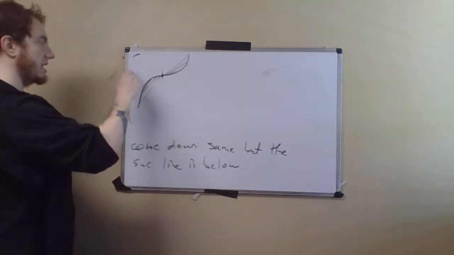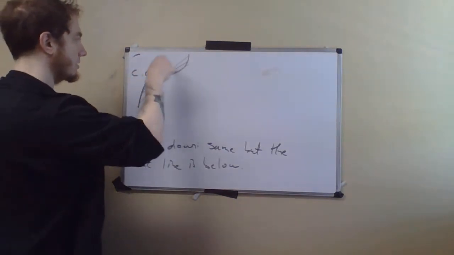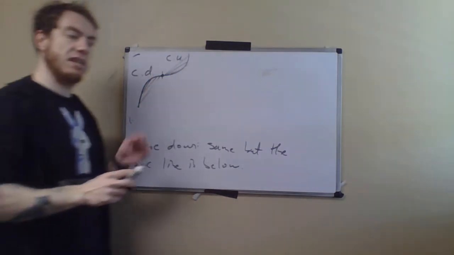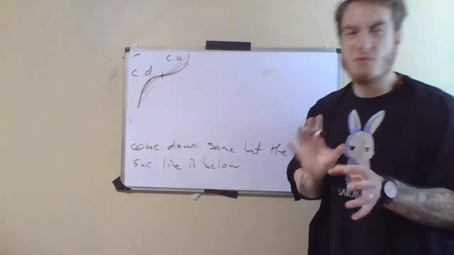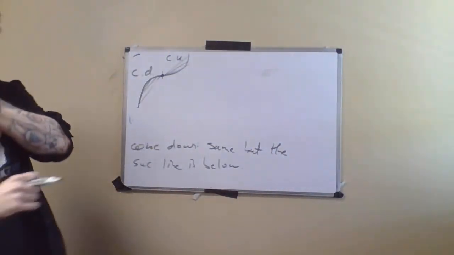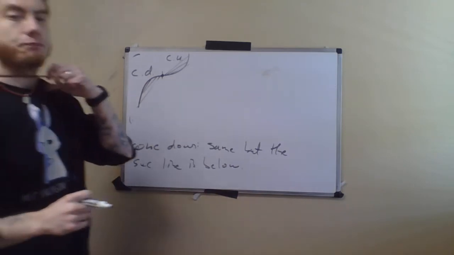So this part is concave down, which I will abbreviate with CD, whereas over here, we are concave up, which I will abbreviate with CU. So you can visualize this kind of thing, but to prove whether or not you've got something that is concave up or concave down is a bit trickier.